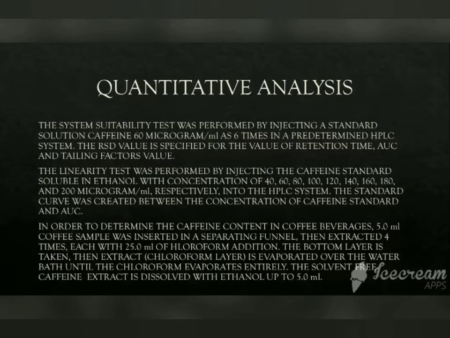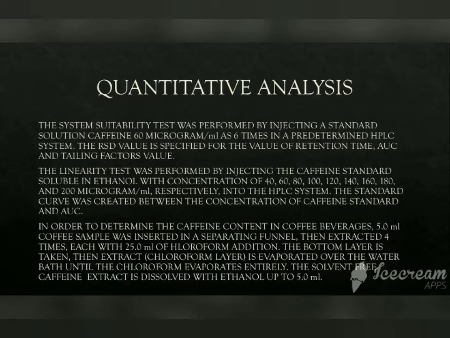The last part in methodology is the quantitative analysis. The system suitability test was performed by injecting a standard solution caffeine 60 microgram per milliliter 6 times in a predetermined HPLC system. The RST value is specified for the value of retention time, AUC and tailing factors value.